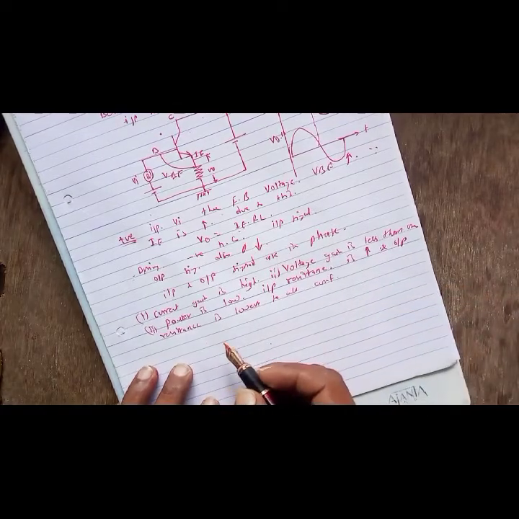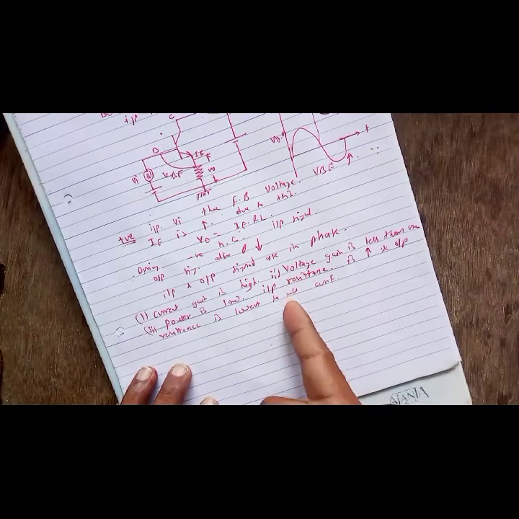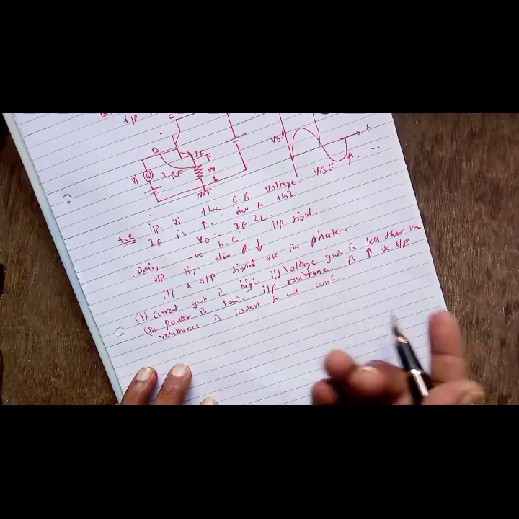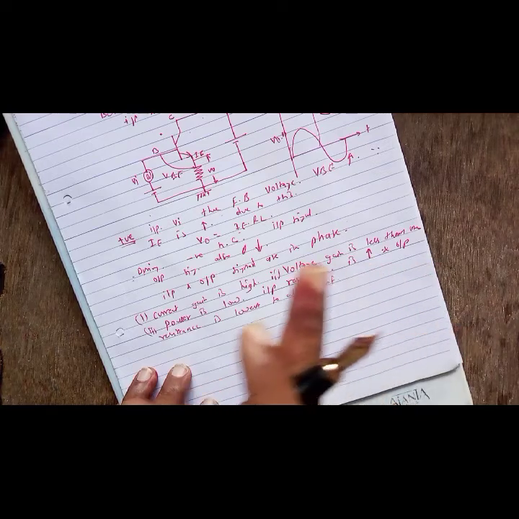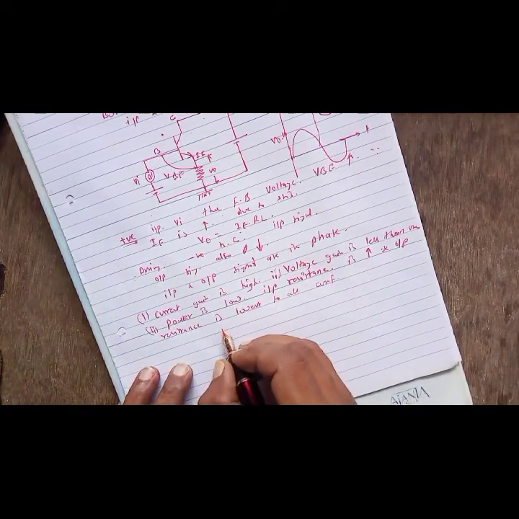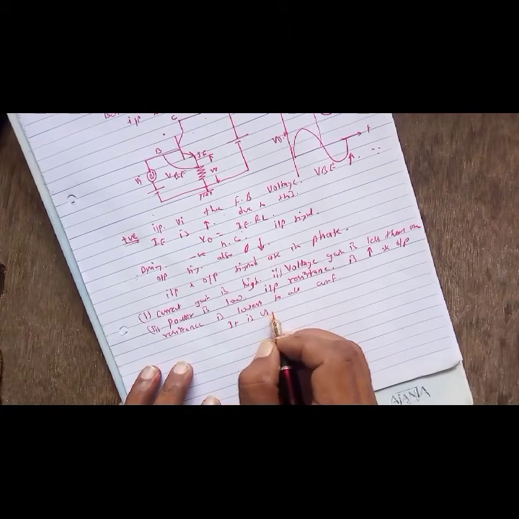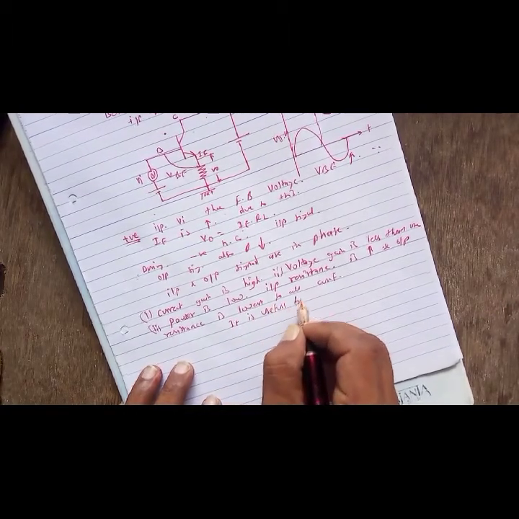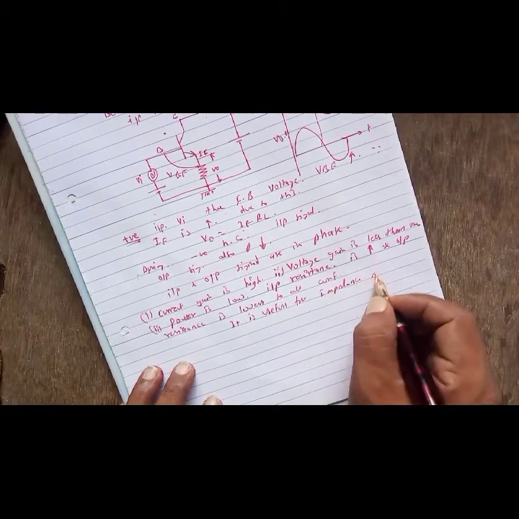So this type is useful for impedance matching. Before, we studied the common emitter, which is not useful for impedance matching, but this common collector is useful for impedance matching.